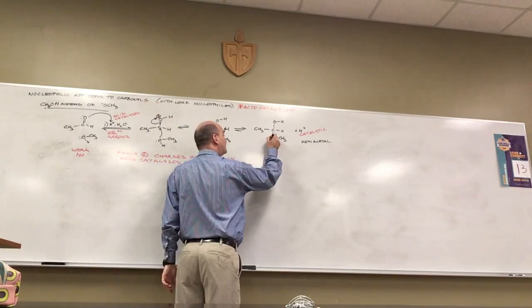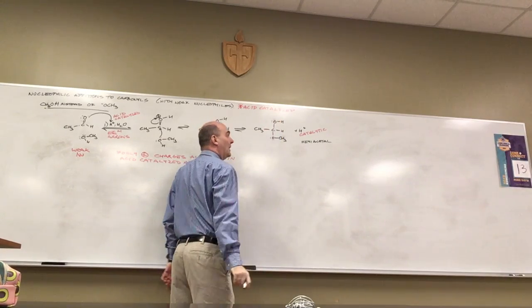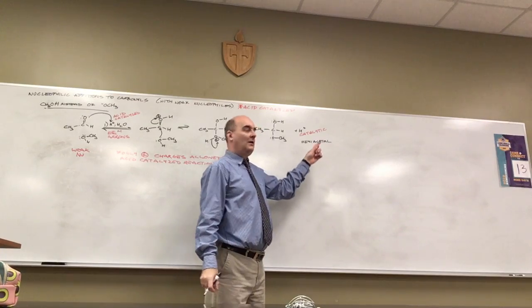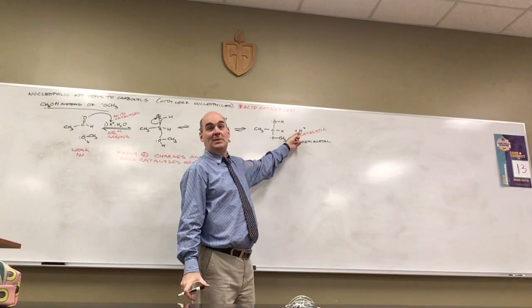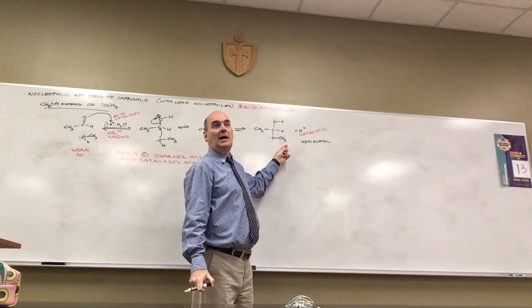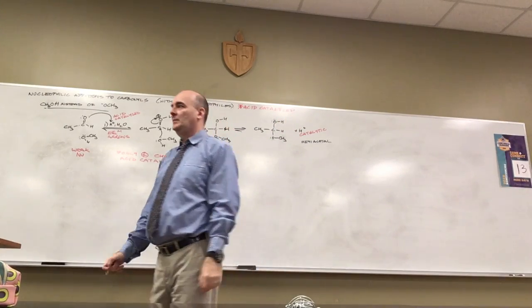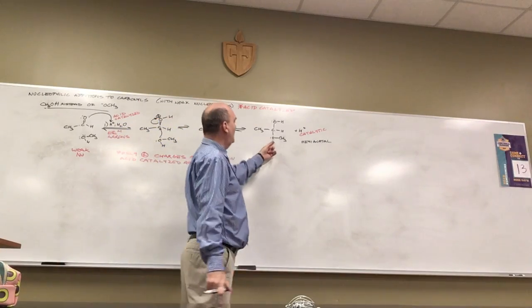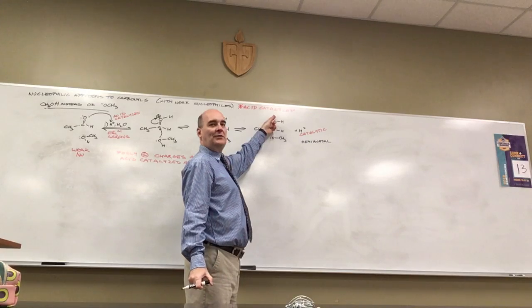Now, this is where I am. That's an electrophile. It's an H+. It's an acid. I have 4 bases in solution. I've got this lone pair of electrons, that lone pair of electrons, this lone pair, that lone pair.